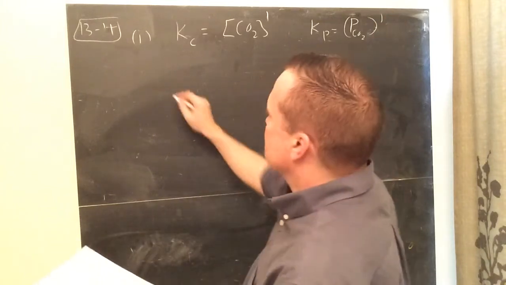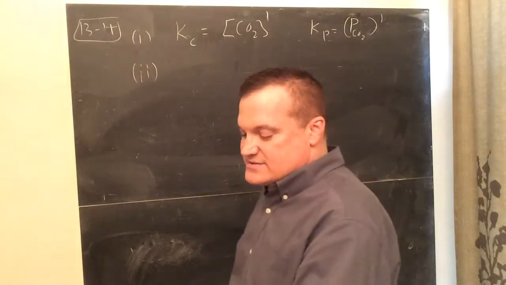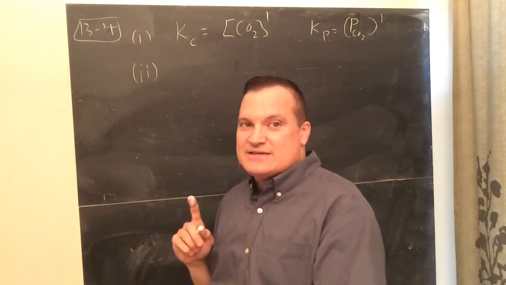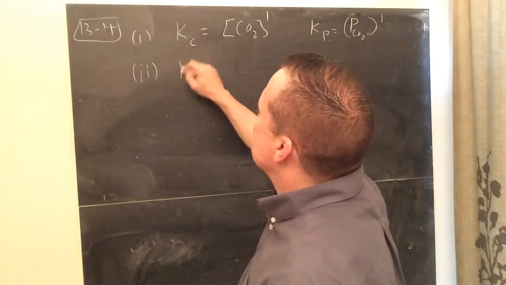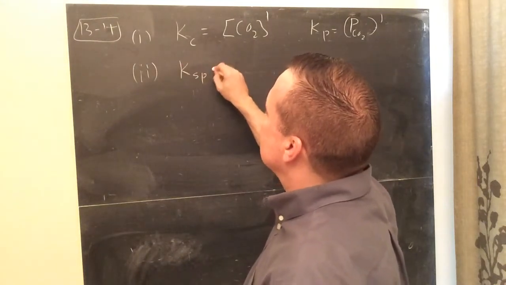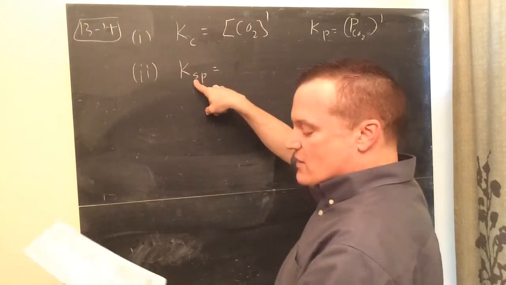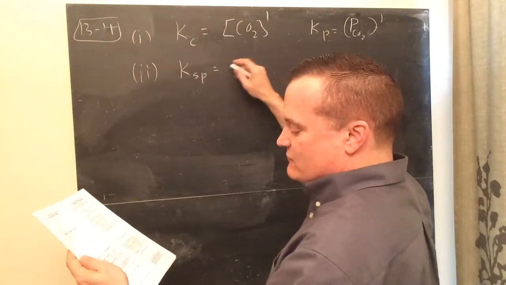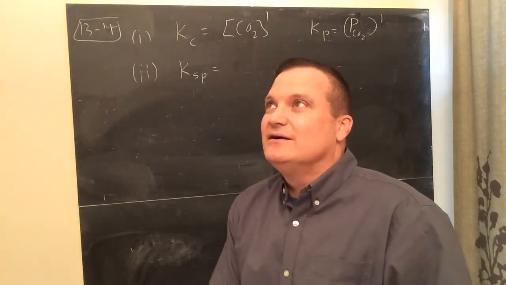Okay? Number 2. Now, this is one we'll see in the next chapter. But silver chloride is a solid, and it is in equilibrium with the dissolved silver and chloride ion. This is called Ksp. S means solubility, and P means product. You might remember from the solubility rules, AgCl does not dissolve in water.